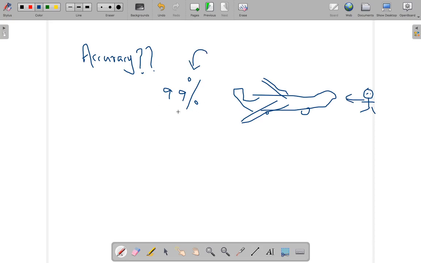So with 99% accuracy, are we to decide that we can use this at an airport? If you look at the data which is already there, US statistics show an average of 800 million passengers on US flights per year, not probably this year, but before that.